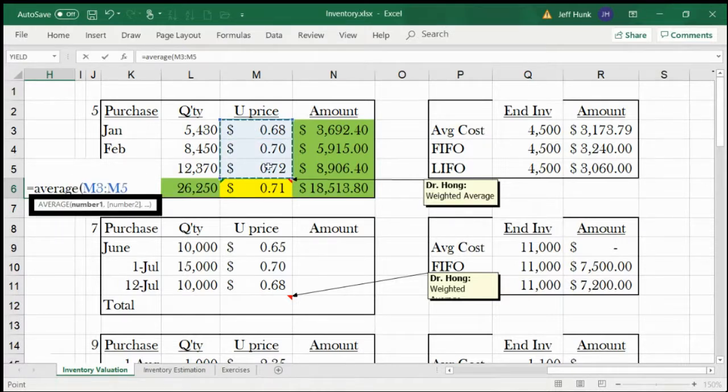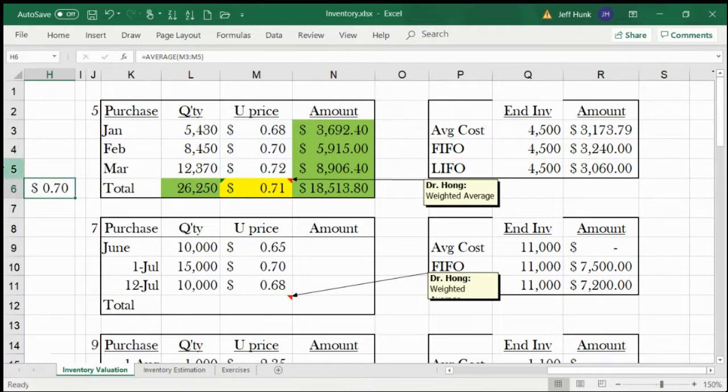See, it's clearly different. Simple average and weighted average are clearly different. Suppose we take the sum of these three and divide it by 3, that's the simple average. That's what you understand as average, but you cannot use simple average here. That's the reason.